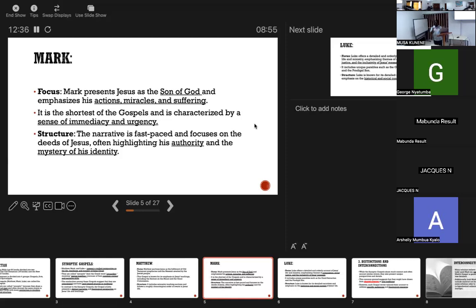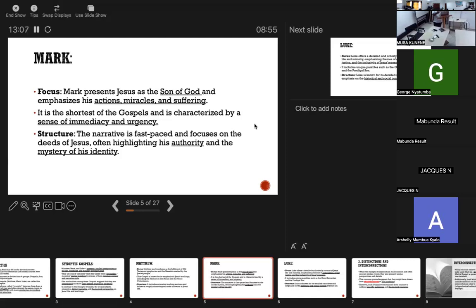When you look at the structure of Mark, you will find that the narrative is fast-paced, and the narrative focuses on the deeds of Jesus, often highlighting his authority and the mystery of his identity. You will find these things in your reading of Mark.